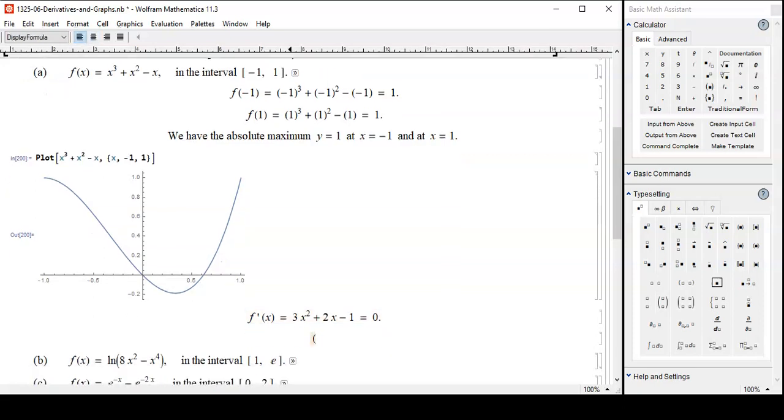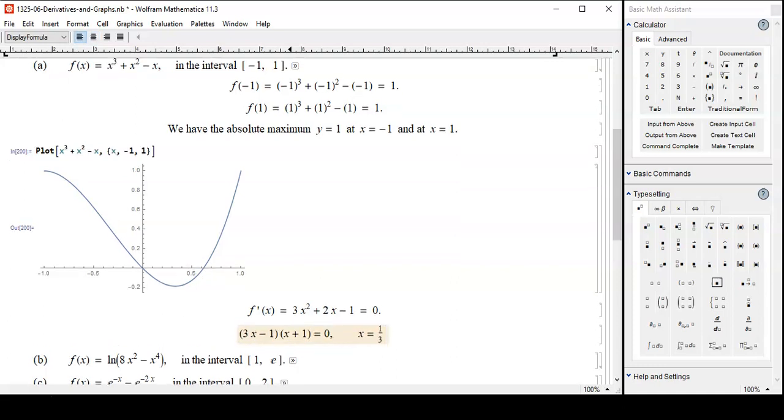Solving this equation using some algebraic method looks like that's not too bad because this is a quadratic equation. Looks like you get (3x plus 1)(x minus 1). No, the other way around. (3x minus 1)(x plus 1) equal to 0. Yes. So x equals 1/3 from the first factor, or x equals -1 from the second factor.